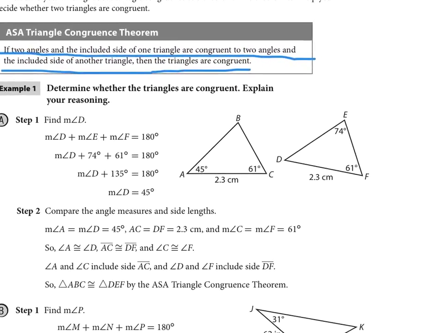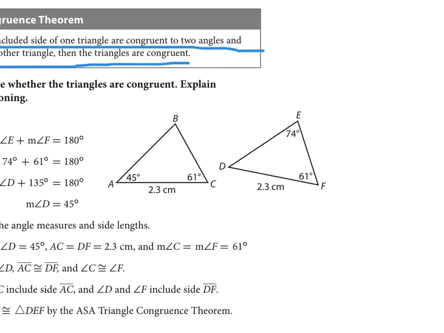So let's look at this A. Now, you should all know by now that the angles of a triangle all add up to be 180 degrees. So if I take 180 and I subtract 74 and I subtract 61, I get 45. And so I know that this angle is 45 degrees.